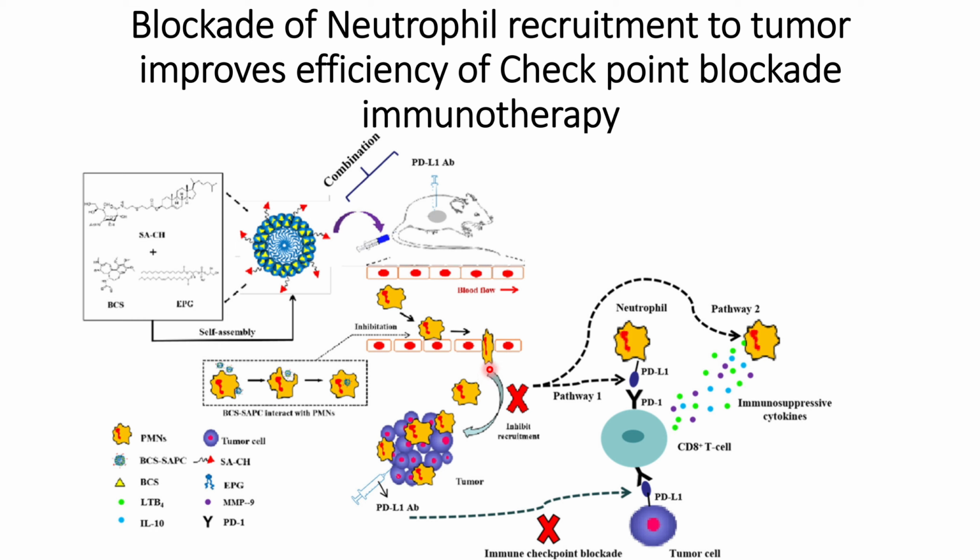However, when these PD-L1 antibodies are injected into the mice, they will interact with these T cells. Because of this, the PD-L1 ligand will already be blocked by the PD-L1 antibodies, and the CD8 T cells, or T cells in general, will not be deactivated by the PD-L1 receptors available on the tumor cells.